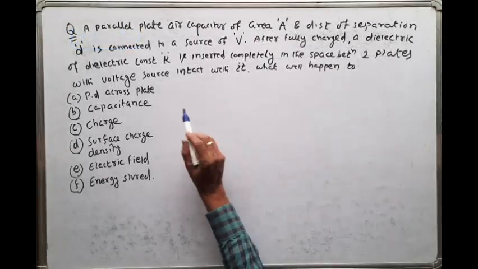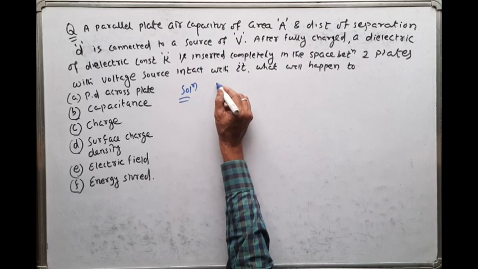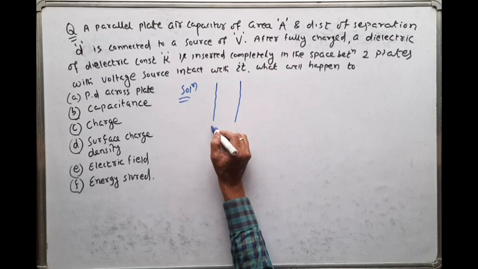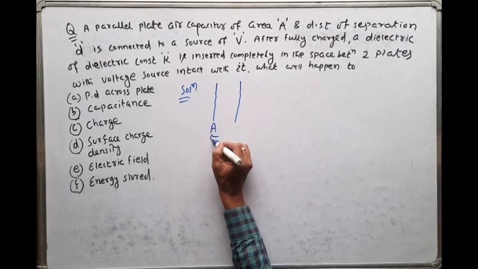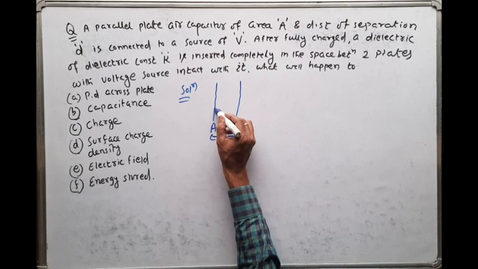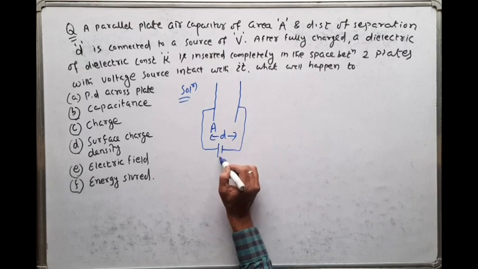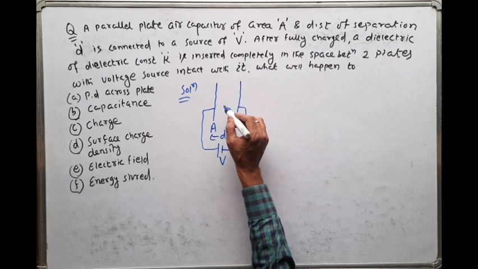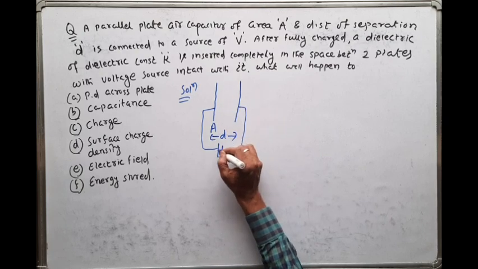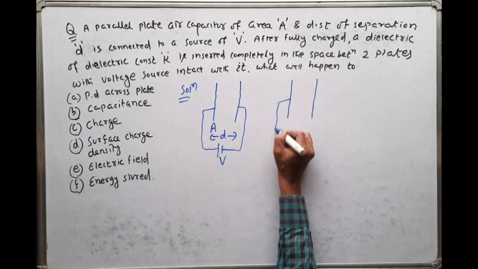Now see, this is a parallel plate capacitor. The area of the plate is A, the distance of separation is D, and it is connected to a battery source of potential difference V. After it is fully charged, what will happen with the source remaining connected?